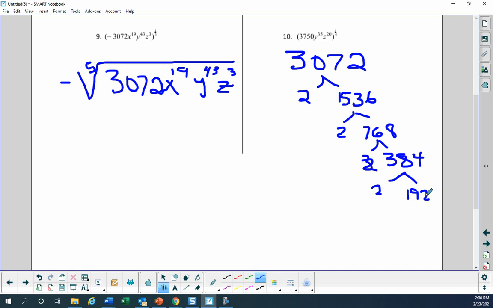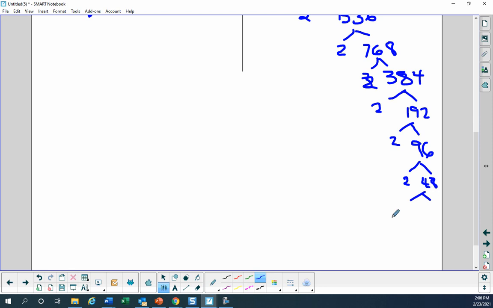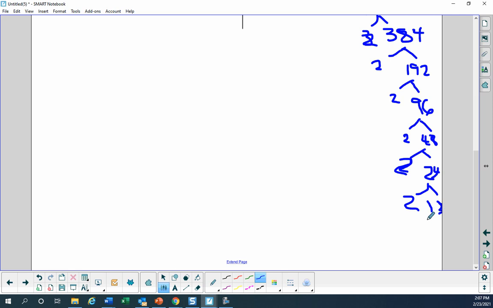Divide this by 2 again. 96. Divide this by 2 again. 48. Okay. Divided by 2 again. 24, right? 2 times 12. Then we can do 12 is 2 times 6, and then 2 times 3. So I only got one 3, the rest is 2.